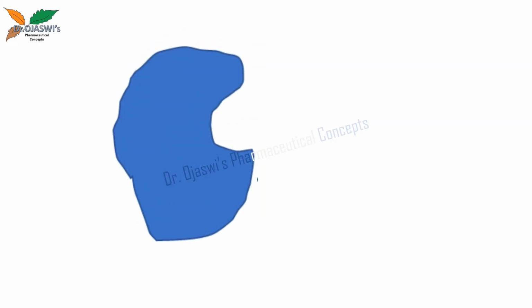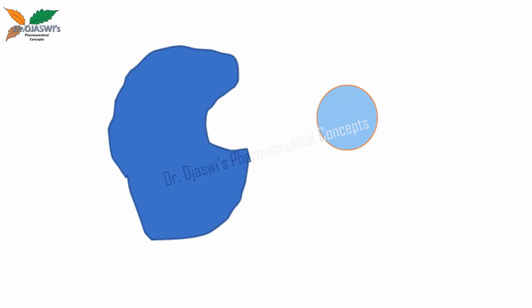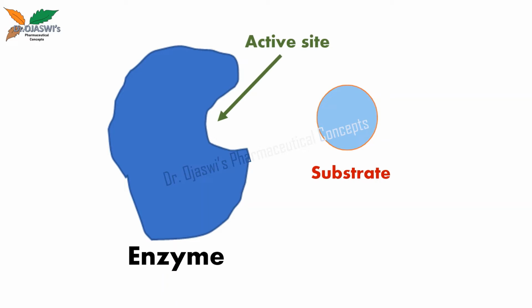This is the same enzyme I am drawing in 2D format, and you can see here this is the substrate which has to bind on this enzyme so that biochemical reactions will start. So where exactly is this substrate going to bind to this enzyme? That is at the active site. This is the active site of the enzyme where the substrate will bind and the reaction will start.